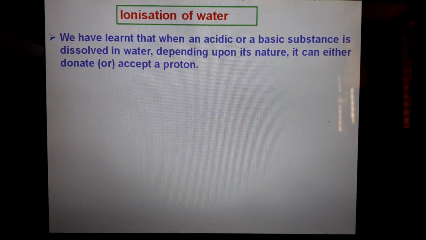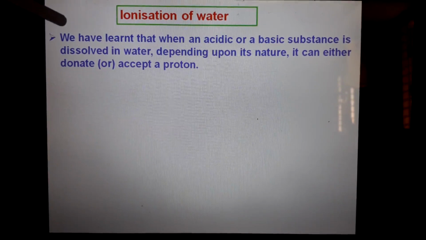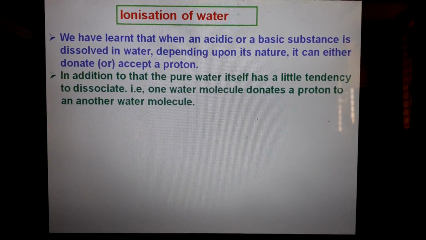In the last session, we already saw the Lowry-Bronsted theory: donate a proton, accept a proton. Any compound dissolved in water, depending upon its nature, can donate or accept a proton. This is the concept.